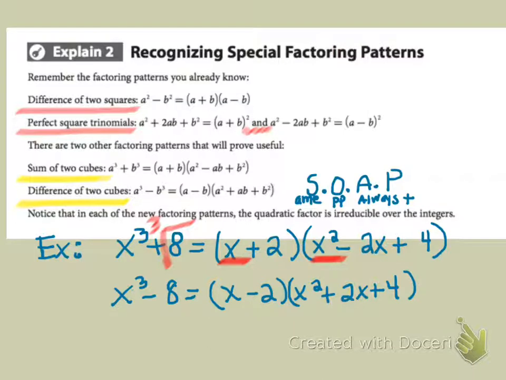You multiply the two terms to get the middle term, and then you square the last term to get the final term there. And then you fill in the signs using SOAP, which is always a good idea to use, right?